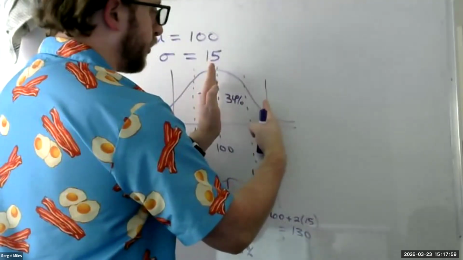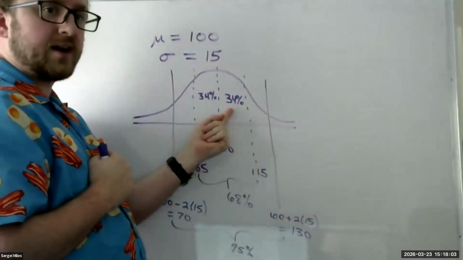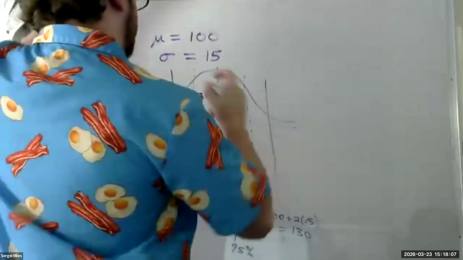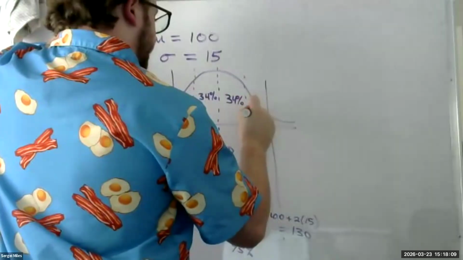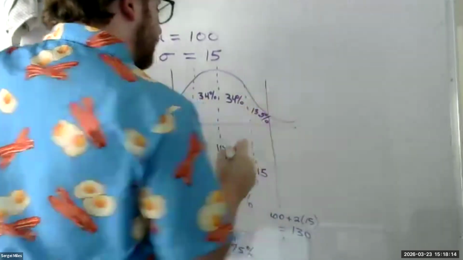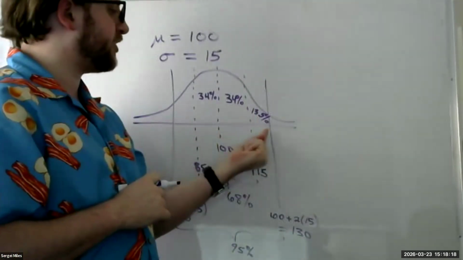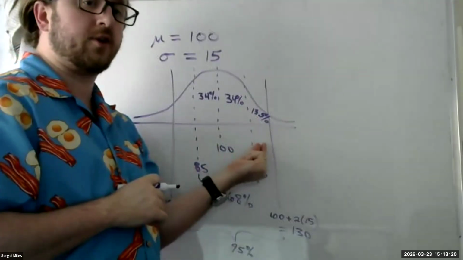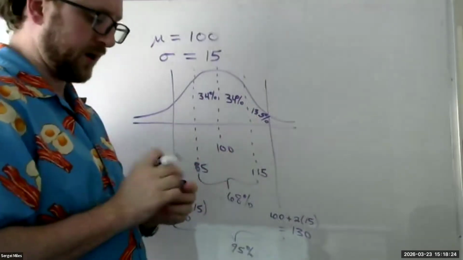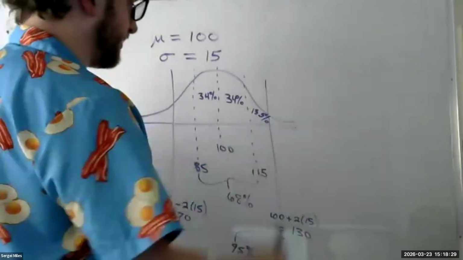If that's the case, 34% of it is already right here, which means this region would be 13.5. So in this way, we can use the empirical rule to find out what percentage of the population is in these other intervals, which may be farther away from the middle. And if you go out 3 standard deviations, that's 99.7.